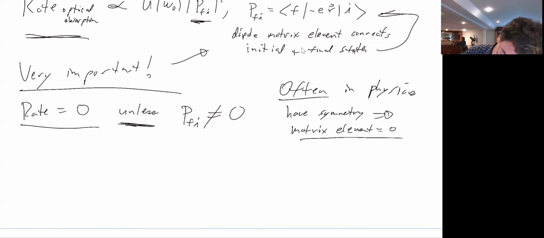And if the matrix element equals 0, then we have no transition. And so the question is, when is the matrix element 0 and when is it not? And so this leads to the concept of selection rules.